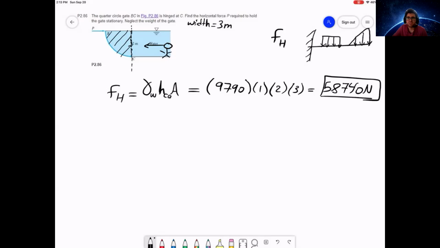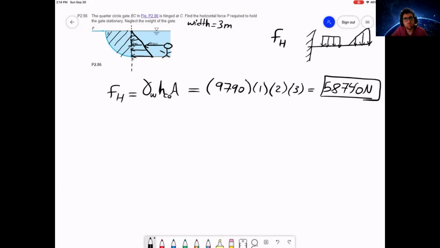Yeah, so it's basically the same thing here. We have a huge triangle like this, because remember the pressure is maximum at the bottom. The pressure starts at 0 at the top and ends at the maximum value at the bottom.